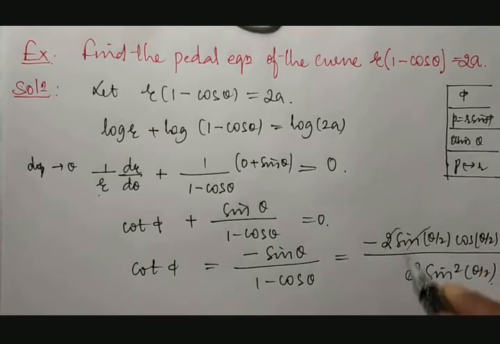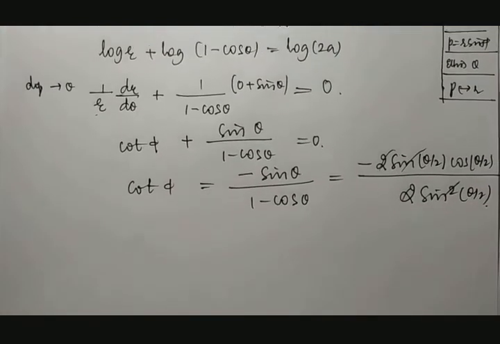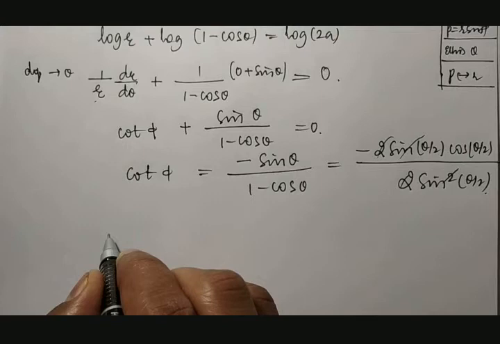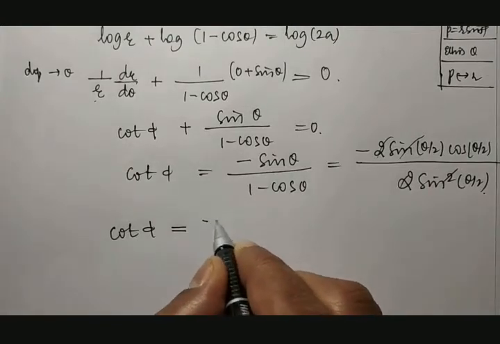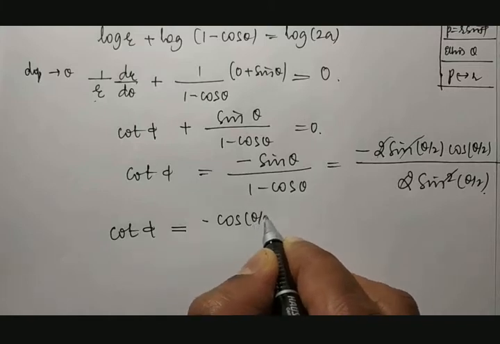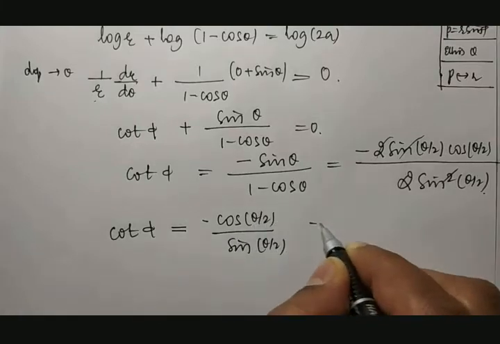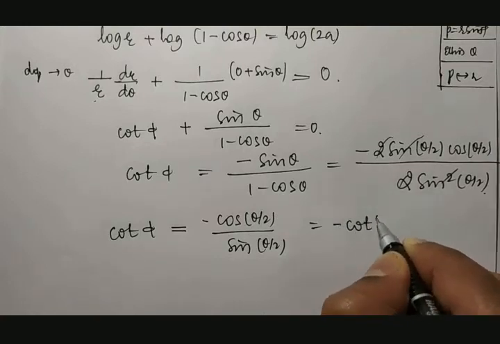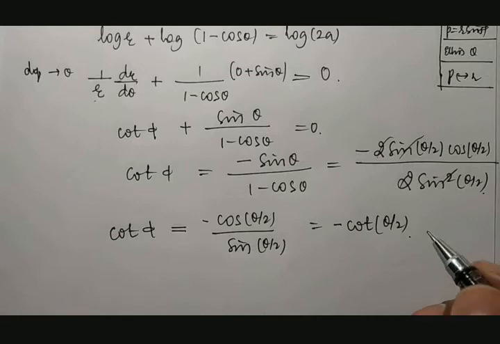Here 2 gets cancelled, sin gets cancelled. Therefore, cot φ = -cos(θ/2)/sin(θ/2), which is nothing but -cot(θ/2).